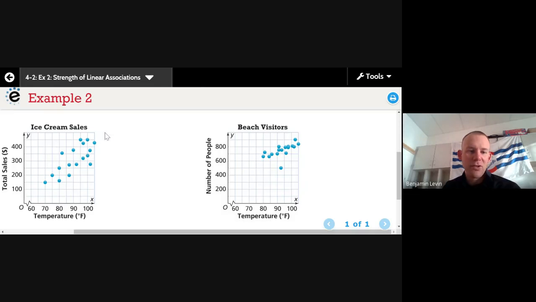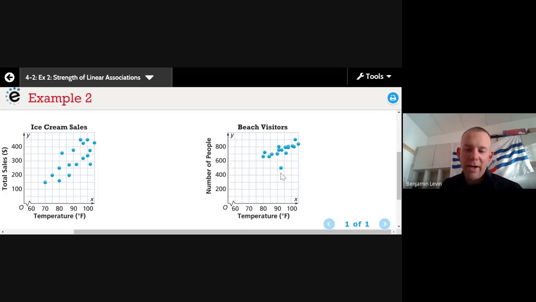For the beach visitors, if you drew a straight line through there to represent the trend, almost all of those points are very, very close to where the trend line would be, right? You have one point that's kind of off by itself. That's called an outlier. We talked about that yesterday. An outlier is a point that's off by itself and doesn't really fit with the rest of the data.